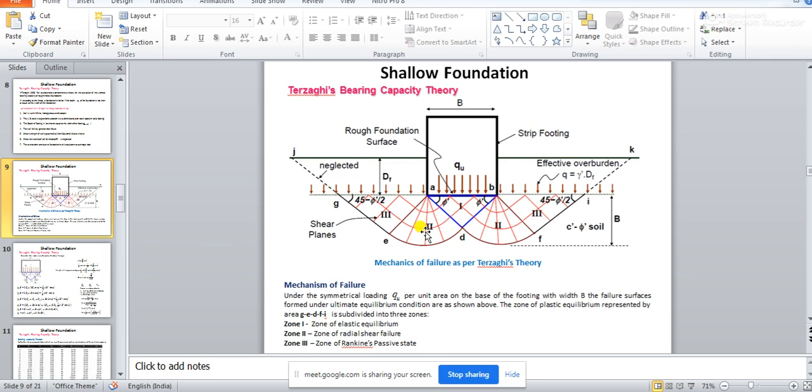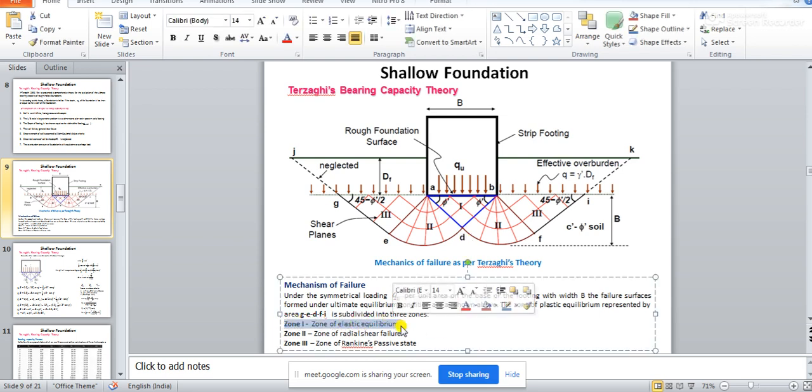I have explained it, right. So the first zone will be a triangle shaped wedge zone, and this zone will be termed as zone 1, and this zone will be called the zone of elastic equilibrium.